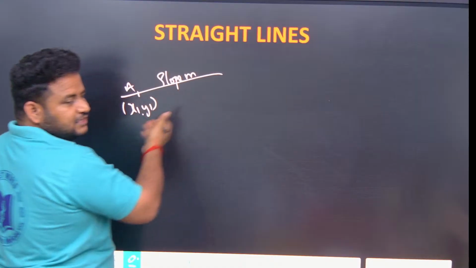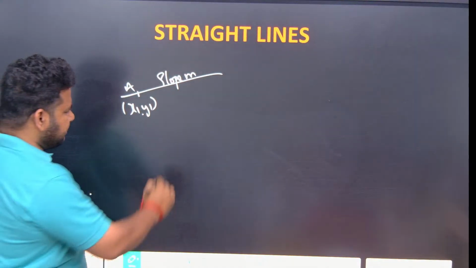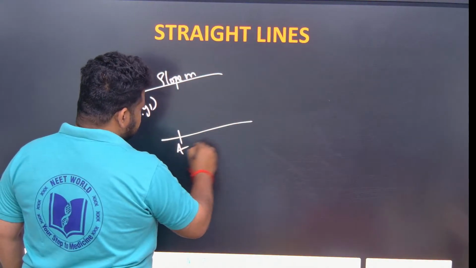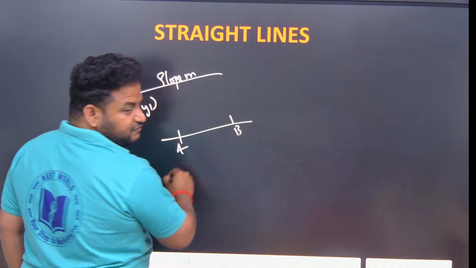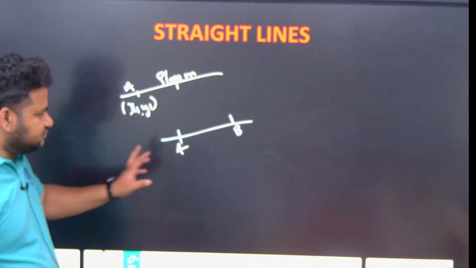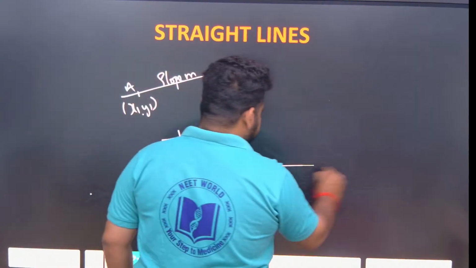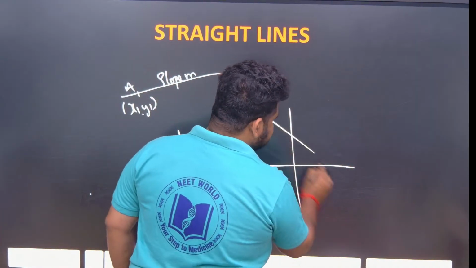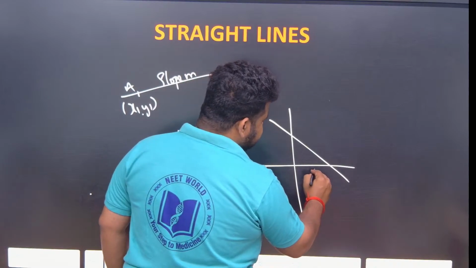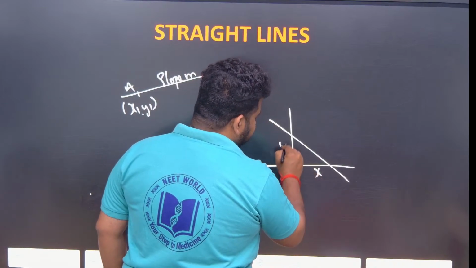What are the various possibilities to get a straight line? This is one thing. Or we may have 2 points, A and B, x1, y1, x2, y2. Another thing is we may have intercepts, like this may be the straight line, with an x intercept and a y intercept.